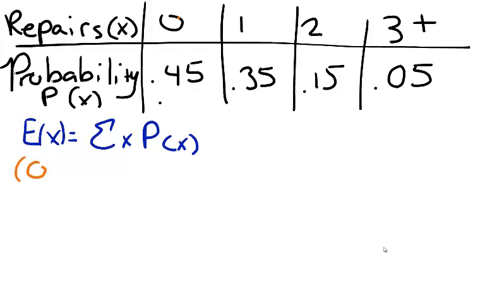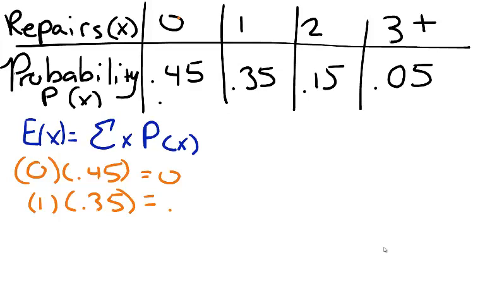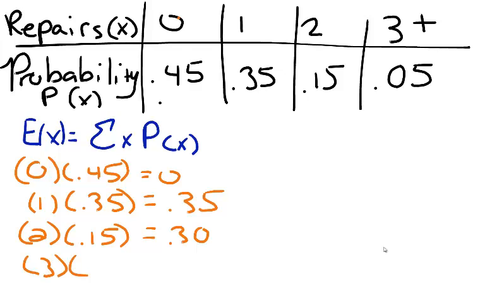So we'll start with 0 times the corresponding probability, 0.45, equals 0. 1 times the corresponding probability, 0.35, equals 0.35. 2 times the corresponding probability, 0.15, equals 0.3. And 3 times the corresponding probability, 0.05, is equal to 0.15.